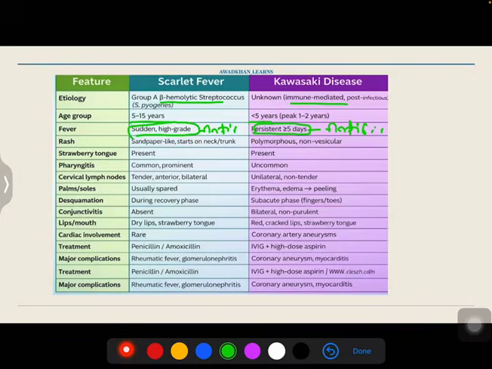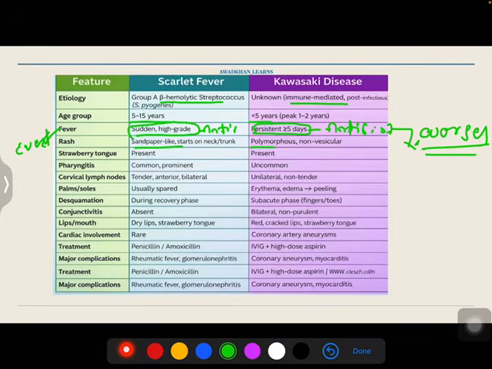If you don't treat the child of scarlet fever, child will eventually improve. But if you don't treat Kawasaki disease, child will worsen over time. You need to act in time in Kawasaki disease. The rash is like a sandpaper in scarlet fever, whereas in Kawasaki disease it is a polymorphous rash. Pharyngitis is present in scarlet fever.